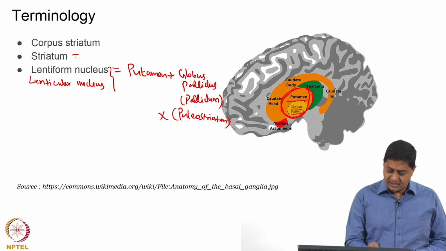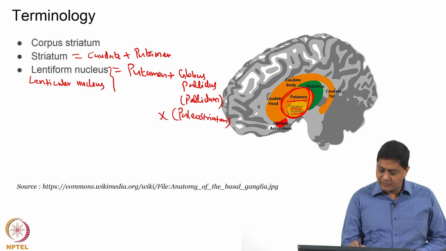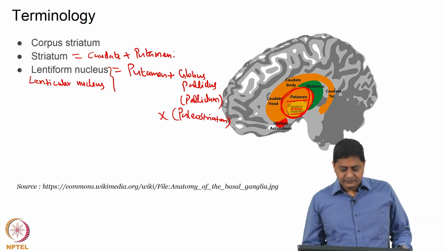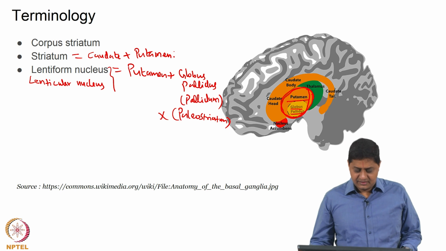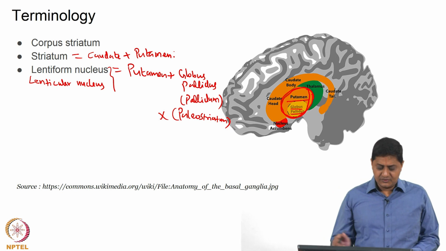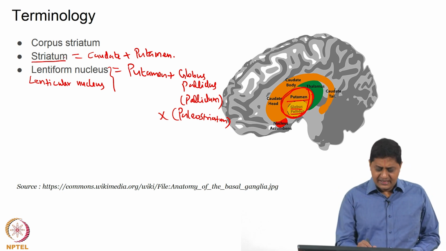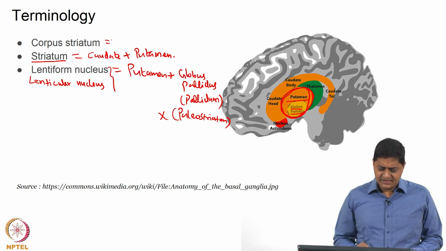Striatum, on the other hand, refers to caudate and putamen. Caudate and putamen are striated, or they have similar cytoarchitecture, and they perform similar functions. So, together they are called striatum.